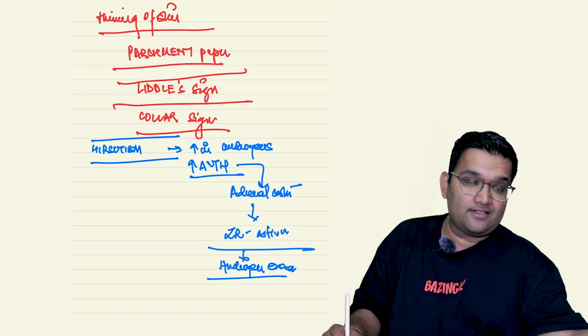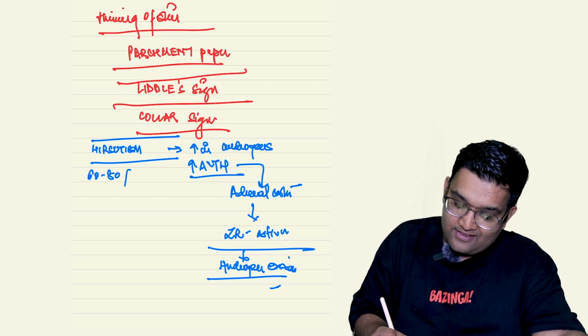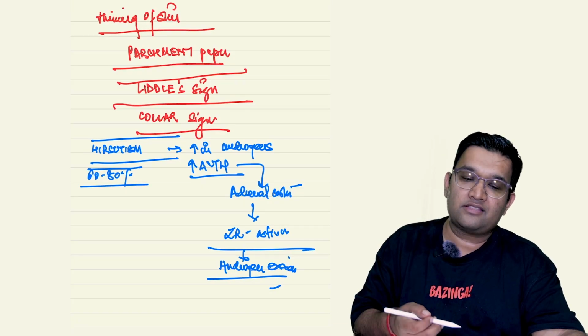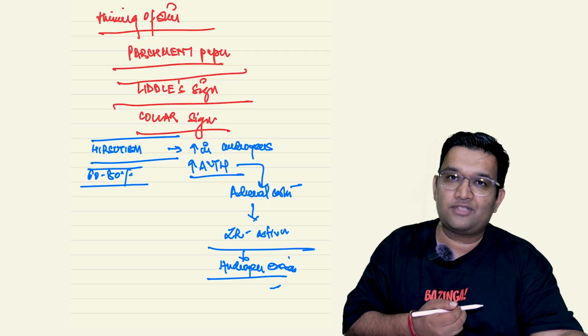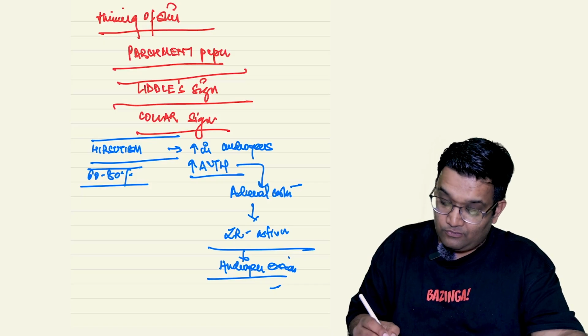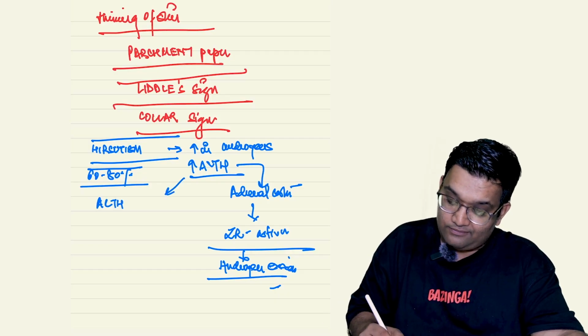And one of the features is this hirsutism occurs in 60 to 80% of the cases. 60 to 80 is occurring everywhere. Striae is 60 to 80%, protein catabolism is 60 to 80%. So this is going to be seen more in the ACTH dependent causes, obviously.